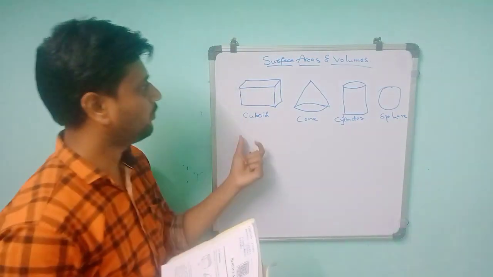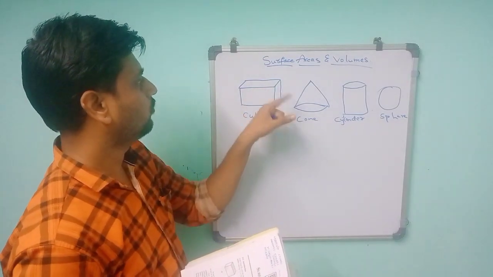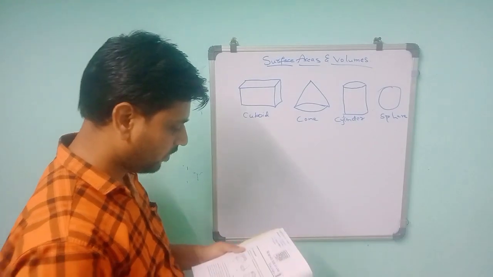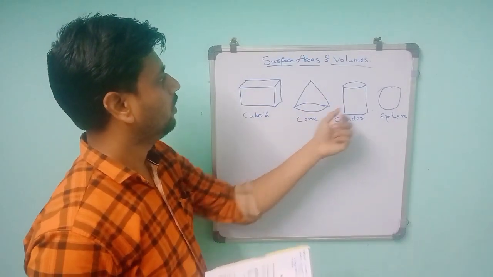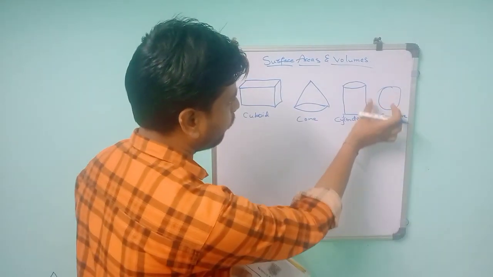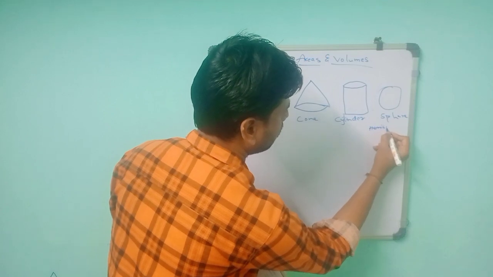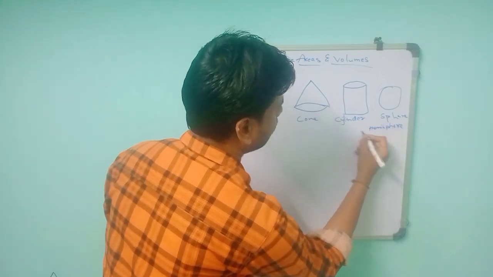So these are the different types of solids, and we have to find the total surface area of such a solid. If we cut a sphere into half pieces, it becomes a hemisphere.